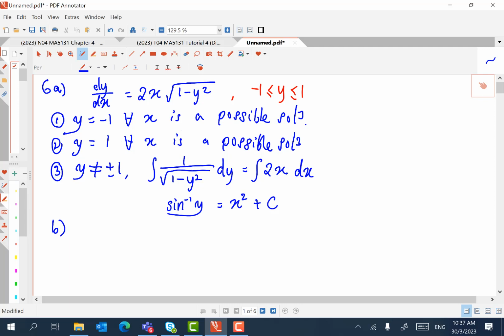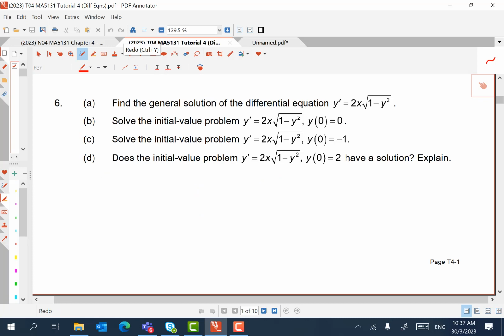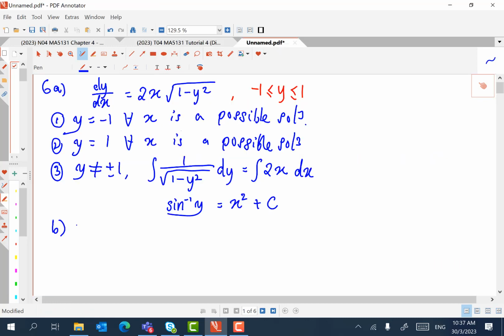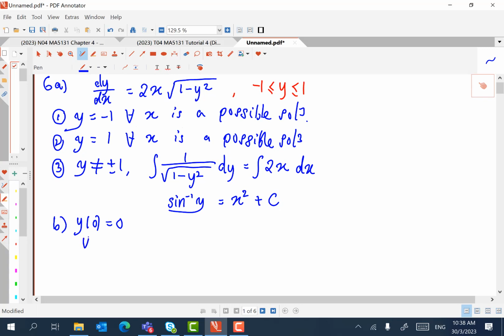So in part B, you are given a particular value. You are given a condition that y(0) is 0. If y(0) is 0, then we cannot use general solution 1 or general solution 2. We therefore have to use this general solution: sine inverse y equals x squared plus c.